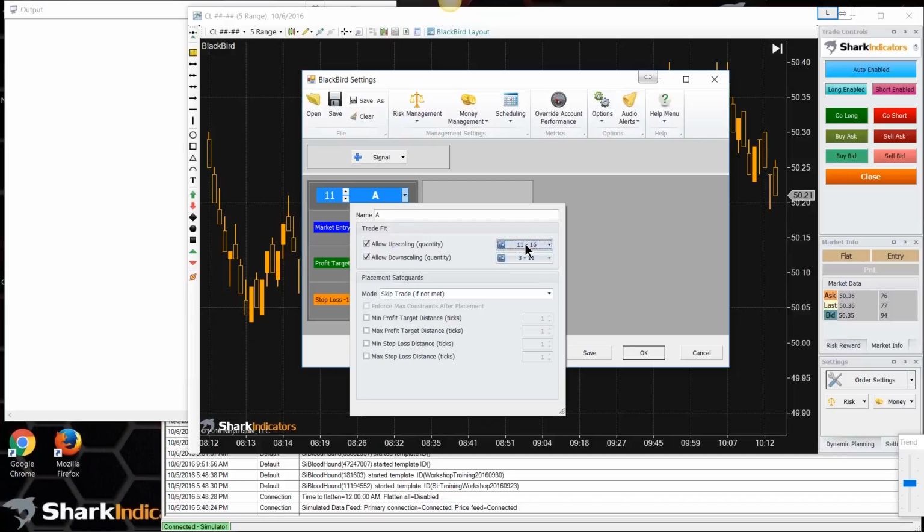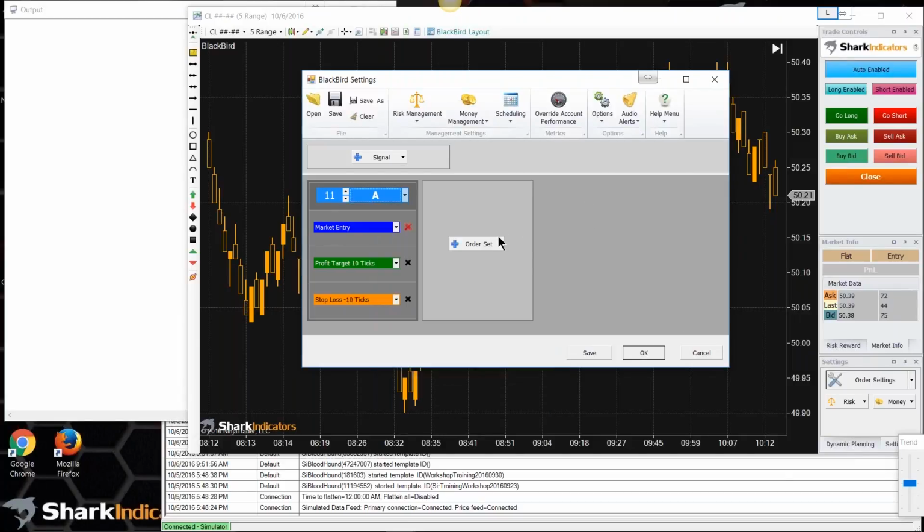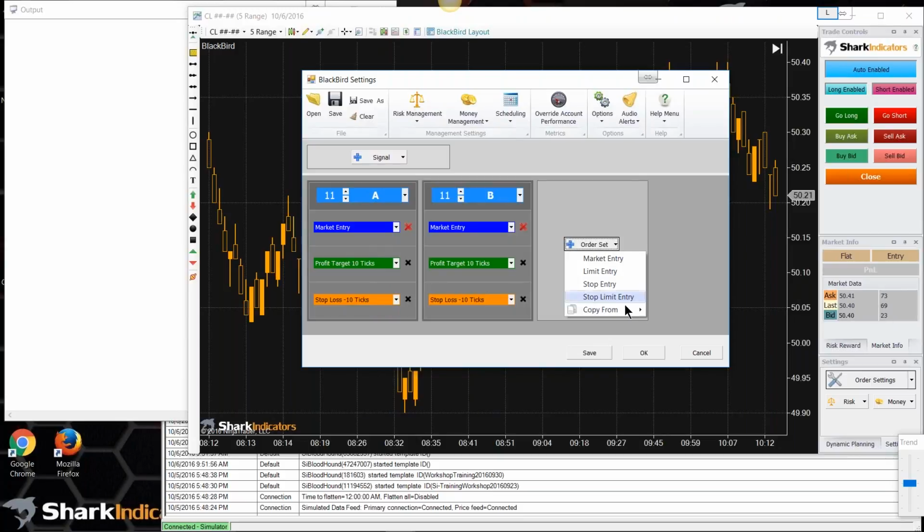And then one of the other options here is this slider. So this slider is designed to tell BlackBird which OCO order set to start upscaling or downscaling first. Right? So these sliders really only come into play when we have multiple order sets.